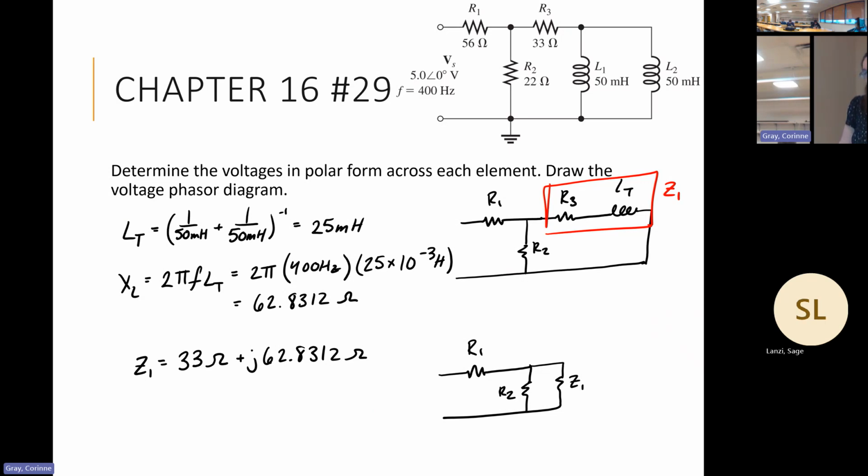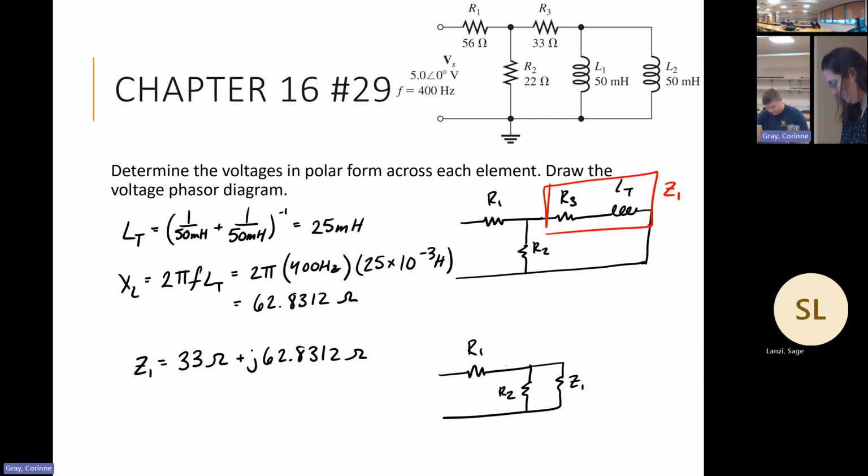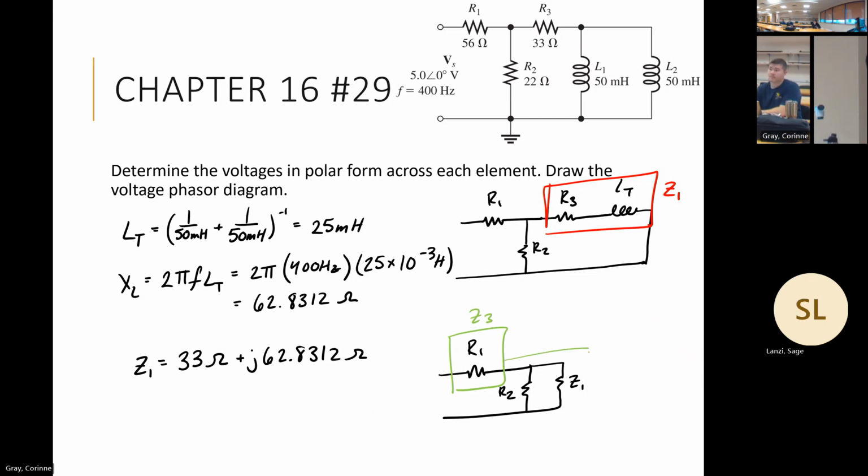So I treated it as Z2 and Z3, where Z2 is parallel to R1 and is the result of R2, and Z3 is R1. So you called this Z3. Or sorry, Z2? Yes, or did I flip your 2 and 3? You're doing it a little differently, but that'll work.